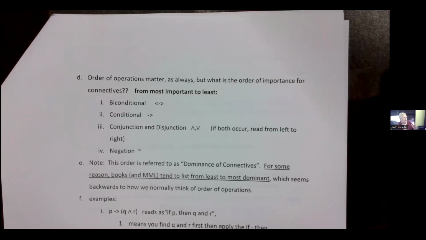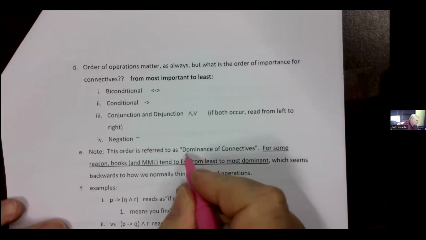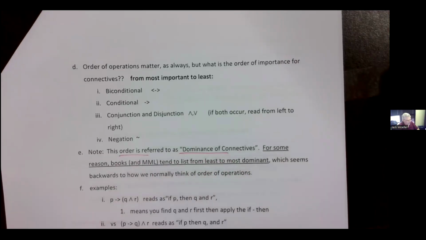Okay, so one thing we talked about is order of operations. It's there because it tells us what's important, and so what do we do first, what do we do second, and so on. Now, in logic, for whatever reason, they call this order the dominance of the connectives, which sounds like a weird term to me too.